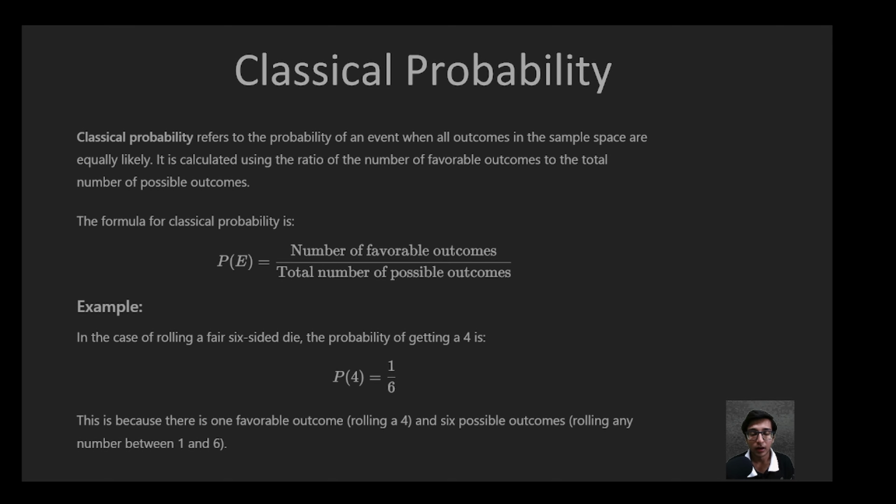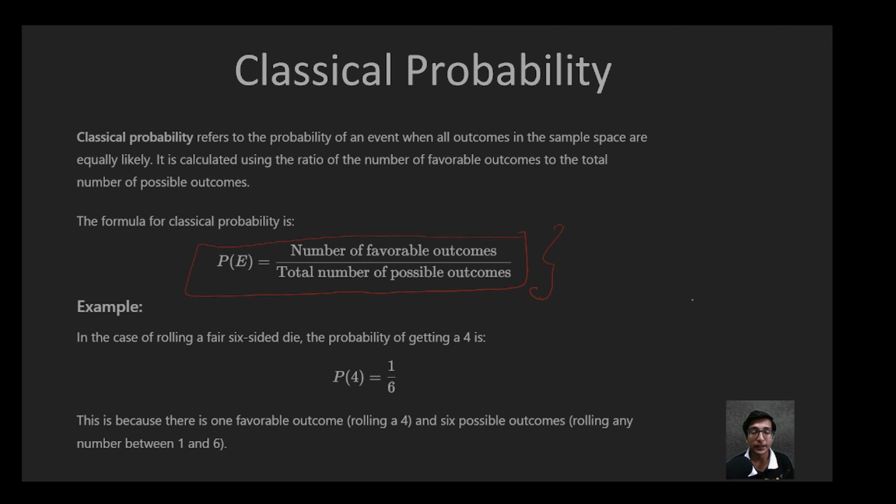Now let us come to the formula, which we've already discussed a lot. This entire formula, favorable outcomes by total number of possible outcomes, is known as classical probability, where all outcomes are equally likely. Only when all outcomes are equally likely can we use this formula.